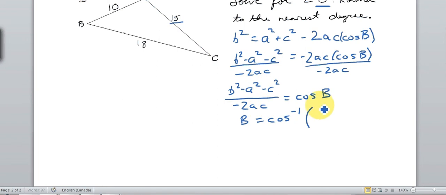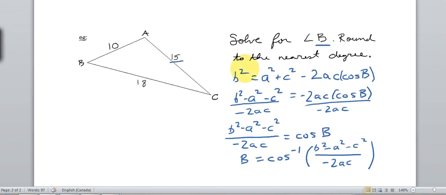It's really complicated, but really all we've done here is we've taken our cosine equation and we've just isolated a different variable. We've flipped it around so that we're solving for angle b instead of side b. That's all we've done. And if we're careful with our algebra, then we shouldn't come across any problems doing this.